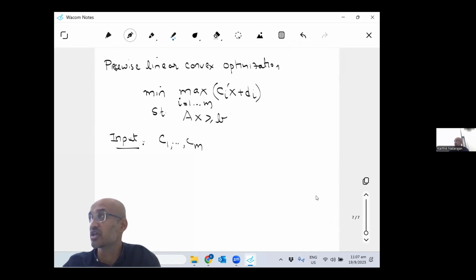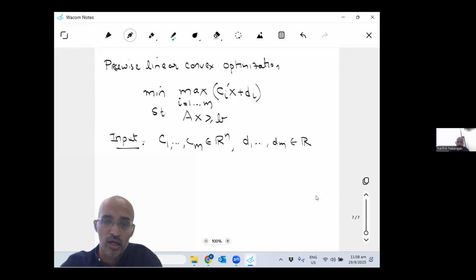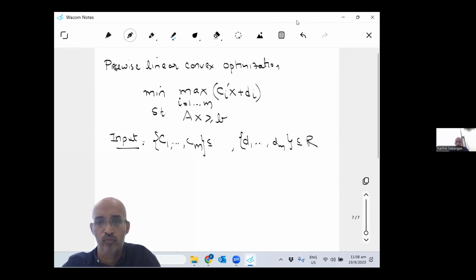So these are vectors now, all of these are in Rn, and d1 up to dm, all of these are in R. Each of them is in R. All these are given to me. And then you have the standard A and the b.